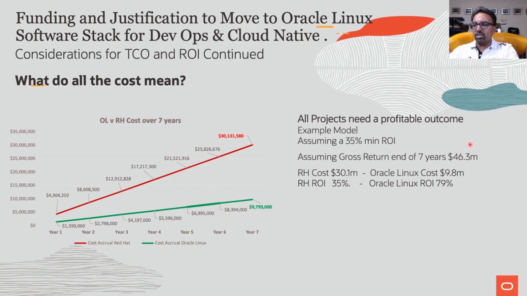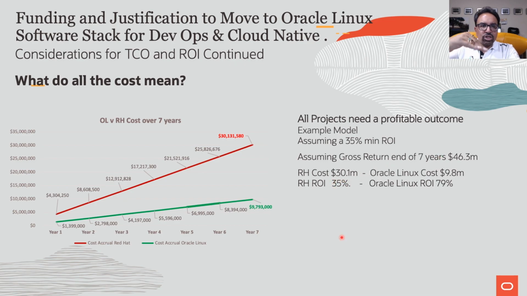If you take that $46.3 million, assuming that Red Hat costs $30 million and the ROI is 35%, using Oracle Linux not only safeguards you against funding running out, and you being able to carry on in the case of you not being able to continue paying Oracle, using standard open source tools, your ROI is 79%. Assuming that you achieve 46 million over 7 years, you could achieve a 79% ROI. Assuming you achieve 46 million in gross revenue over 7 years with Red Hat, you achieve an ROI of 35%.